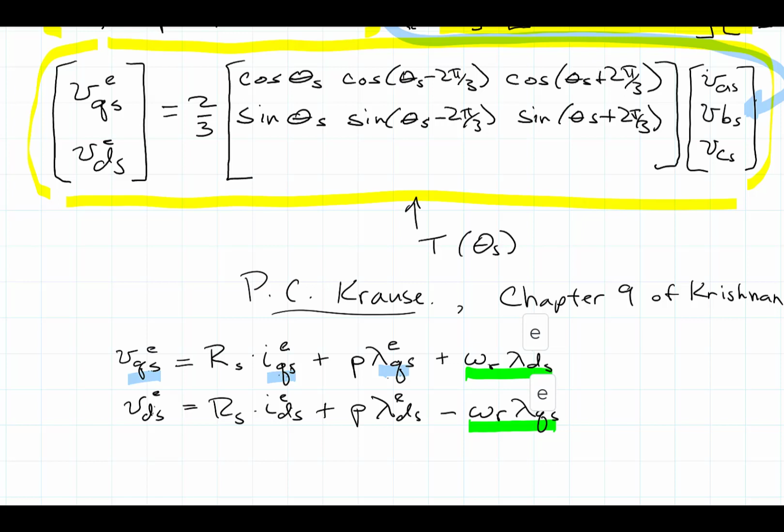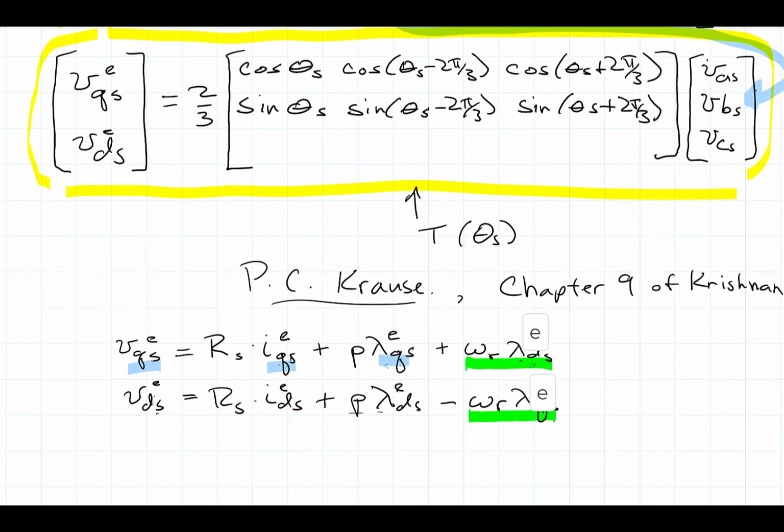Everything is in the Q, except we get something from the D axis. The flux in the D axis goes into the Q. And then if we go on to the D equations, the flux from the Q axis goes into the D. So these are what's often called cross-coupling between D and Q.